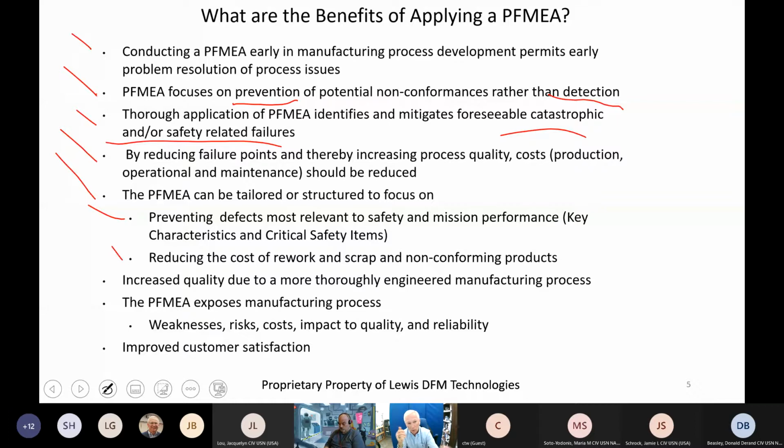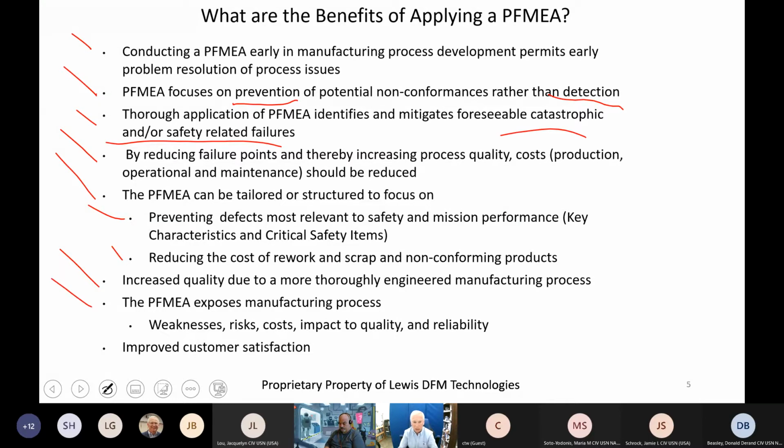So reducing the cost of rework and scrap and non-conforming products, that's another one of the benefits. Increased quality due to a more thoroughly engineered manufacturing process. That's always a good thing. And this is a documented process that's going to help us do that.